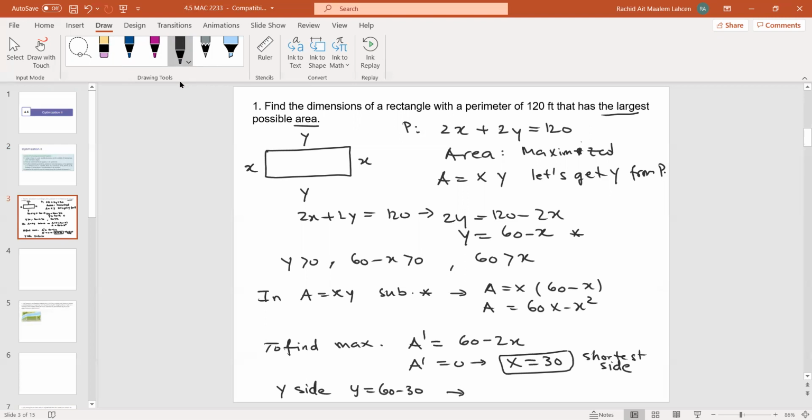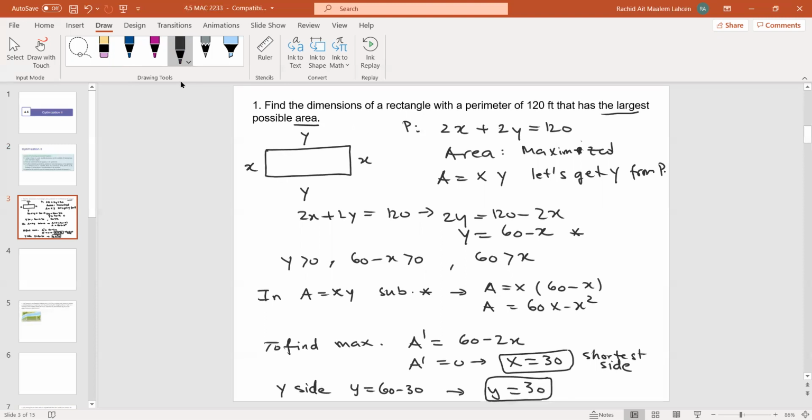So in this case, they end up being both the same. So this rectangle under these conditions turns into a square. In order to have a 120 perimeter and the largest area, this rectangle turns into a square.